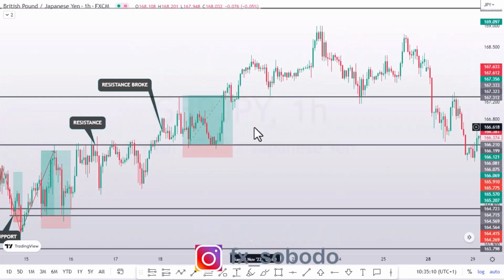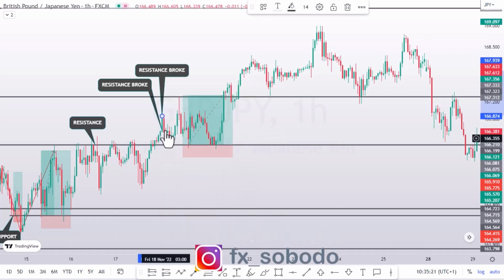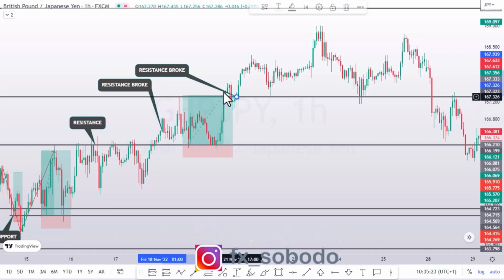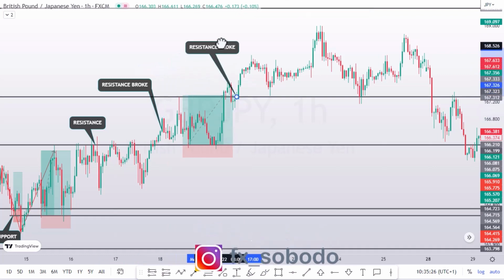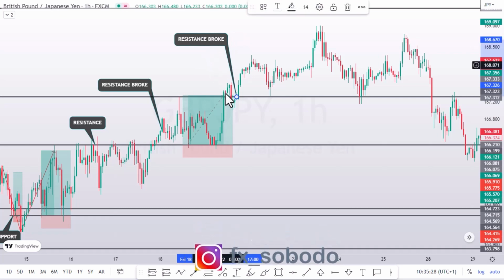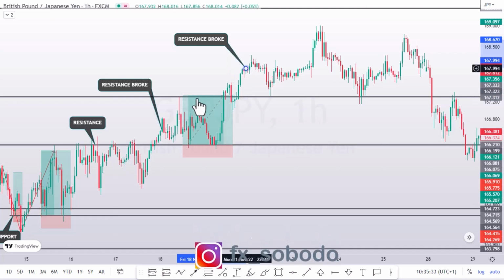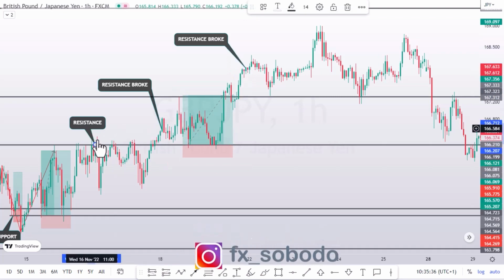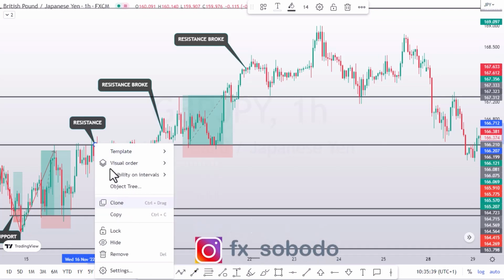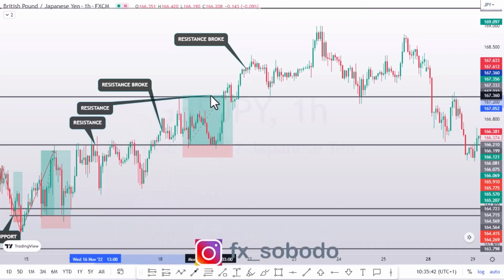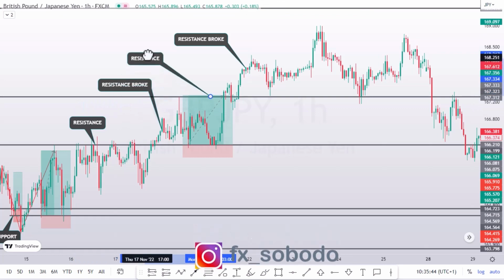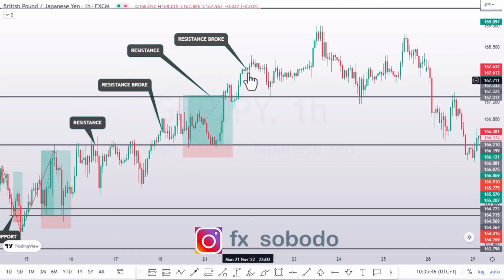Okay, here is this one again. Price broke to the upside. Remember, this is our resistance line. This is our resistance as well. What happened? Price broke.